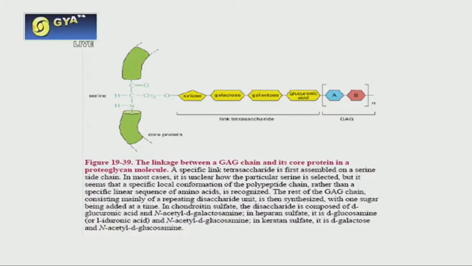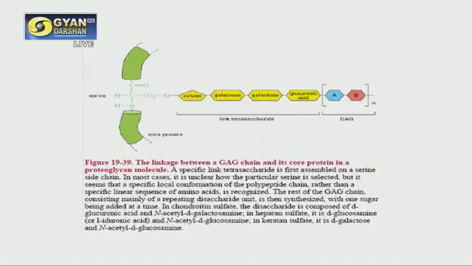So if you see the chemistry, n number of GAGs, we don't know how many, there are so many GAG chains, are actually connected to the core protein through a link tetrasaccharide. And what is the amino acid that is involved in this linkage?